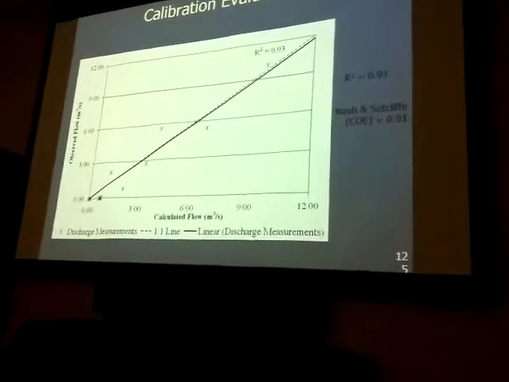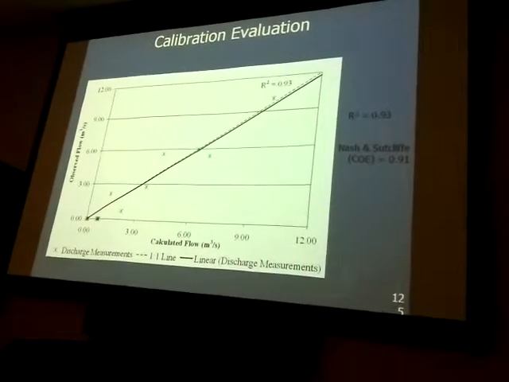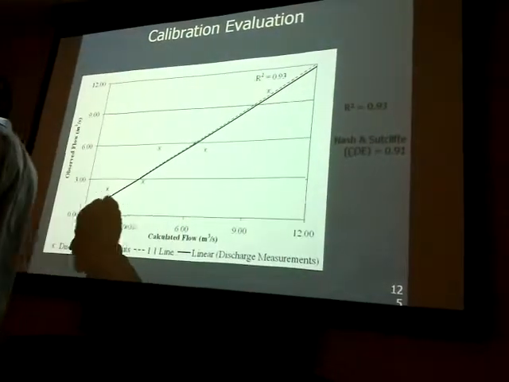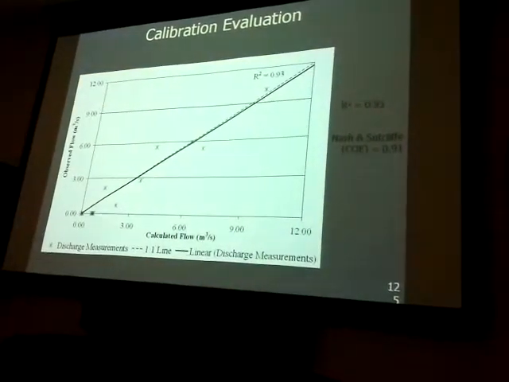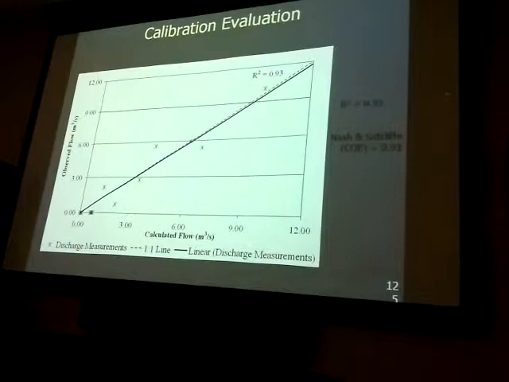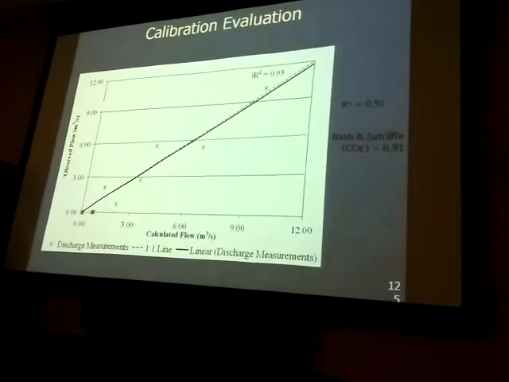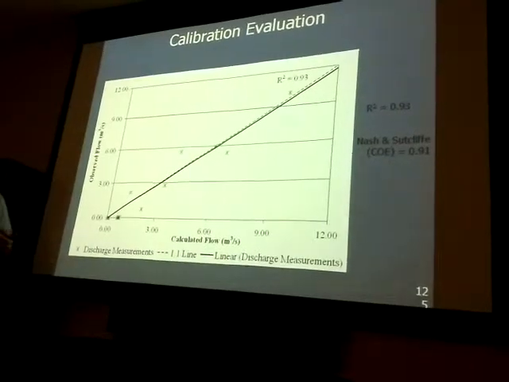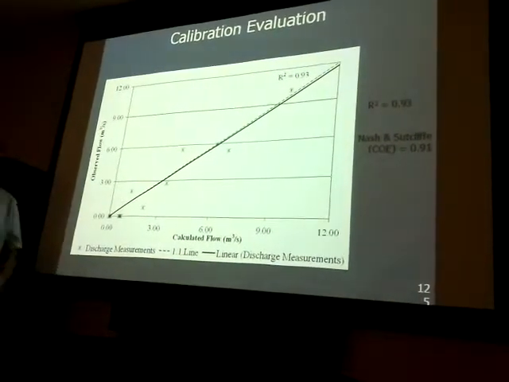So in modeling, and in statistical analysis of data of the same type, you have to use another method. You don't have to use Nash-Sutcliffe. That's a popular one. You can do others, okay? But you can't use just R squared.